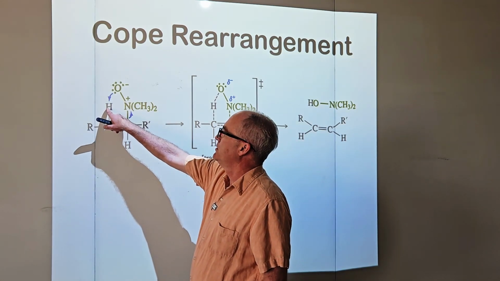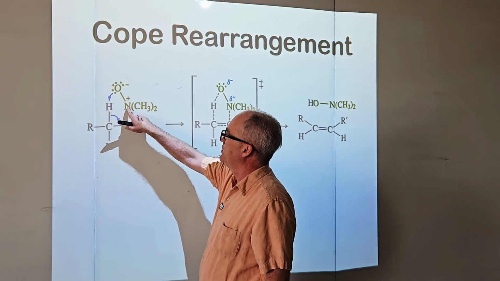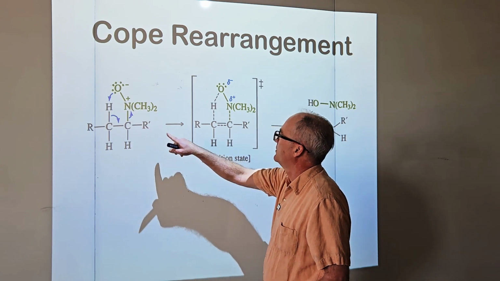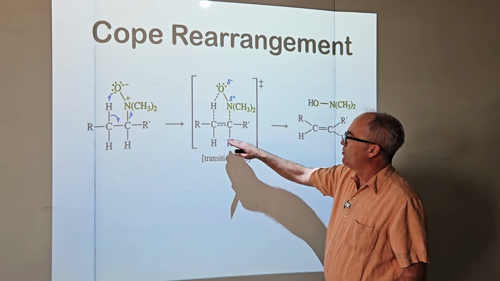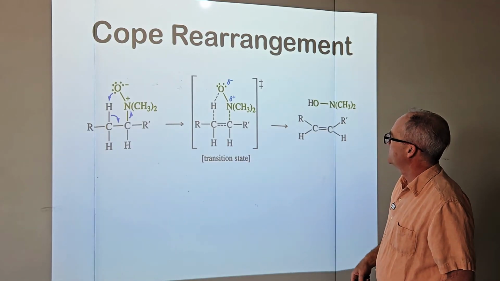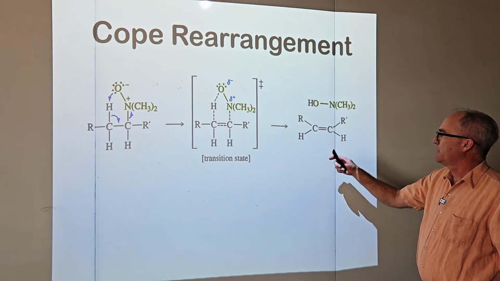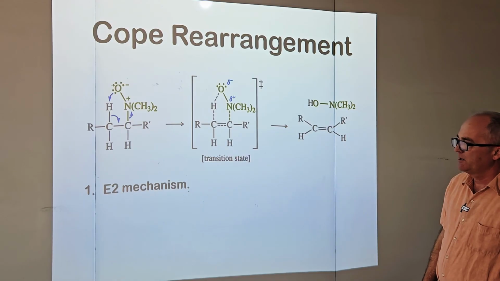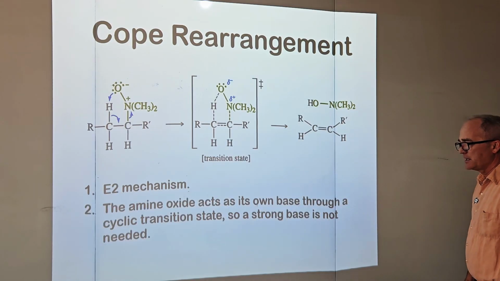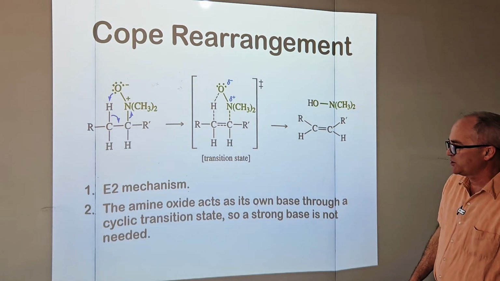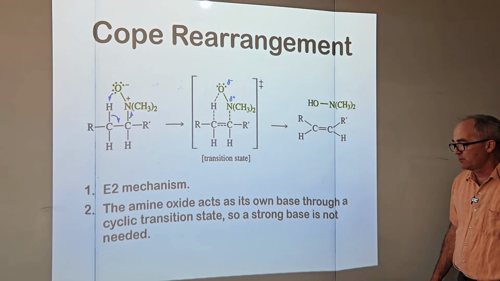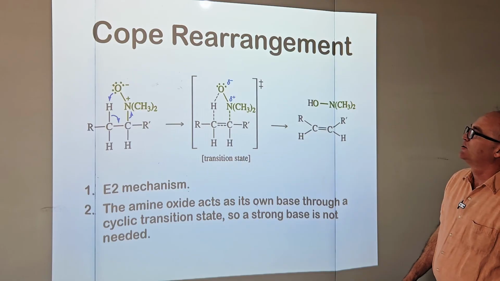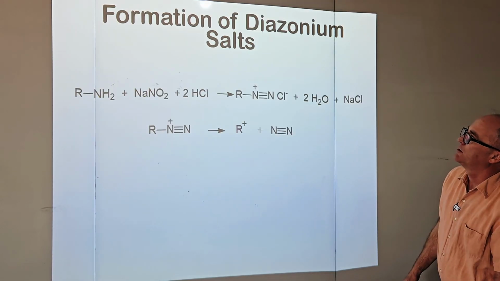And here we see the hydrogen and this thing leaving in almost a classic elimination type way. Here's the transition state, and here is the alkene. An E2 mechanism. The amine oxide acts as its own base through a cyclic transition state, so a strong base is not needed in the Cope elimination.